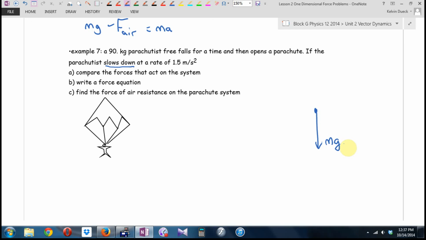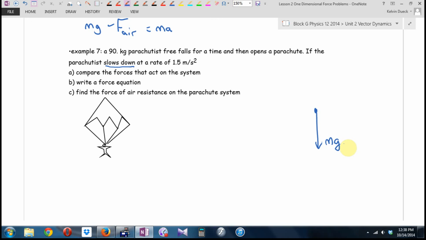Which way am I accelerating if I'm slowing down? Josh. Up. So, for a second, I'm actually accelerating up. Does that mean that I'm moving up? No, I'm still moving down, but I'm accelerating up because that's what slowing down means. It means the acceleration is in the opposite direction of your motion.